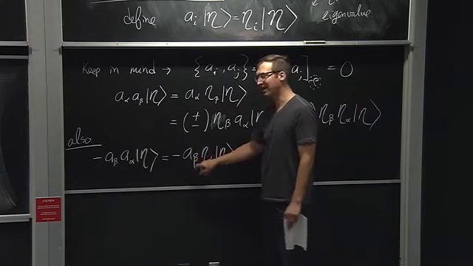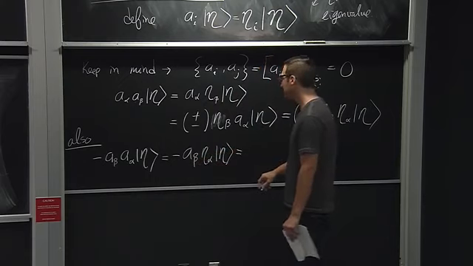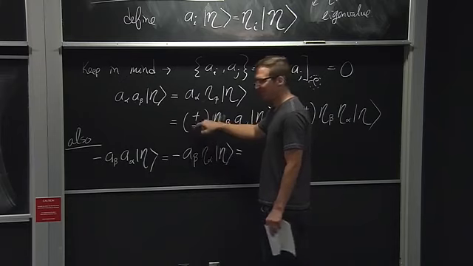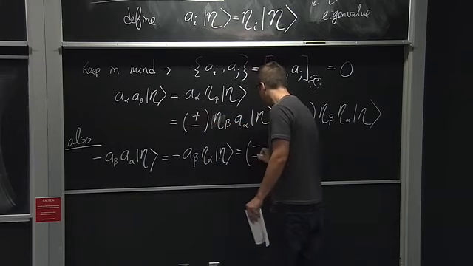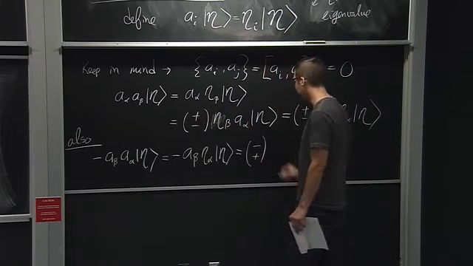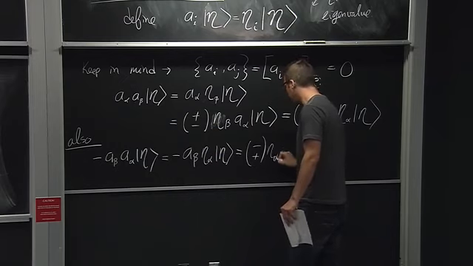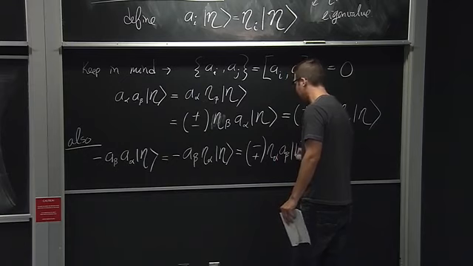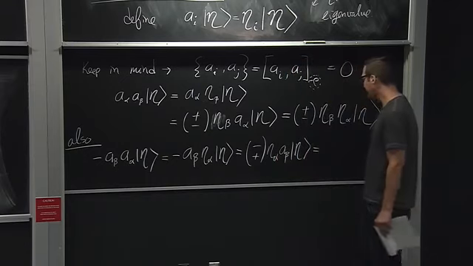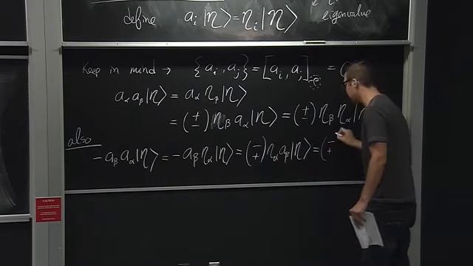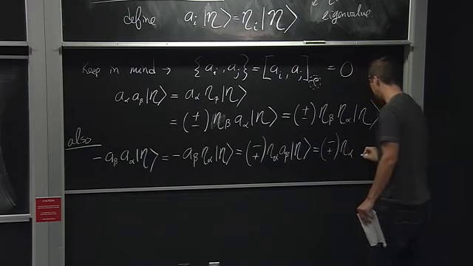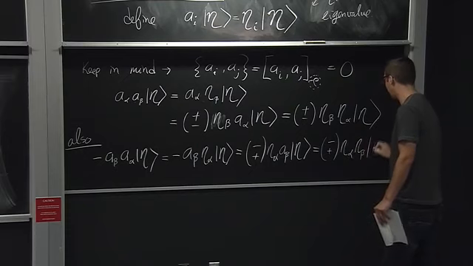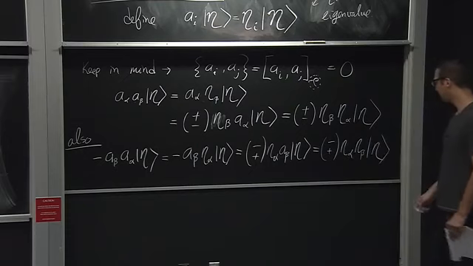I'm commuting the eigenvalue with the operator. I'll assume I have the same sign structure, but then I pick up a minus sign. I'll write it like this: minus over plus. So I have minus plus eta alpha, eta beta, eta.